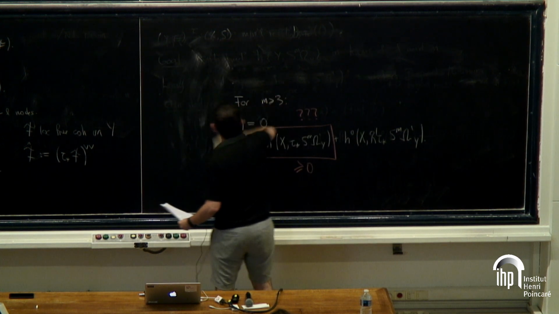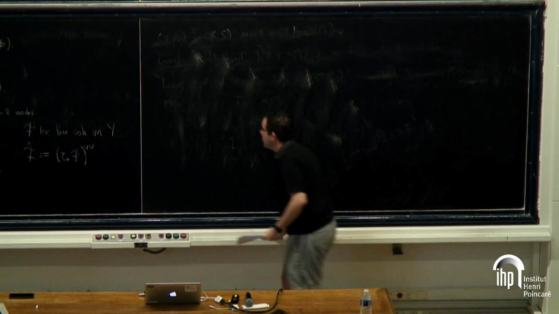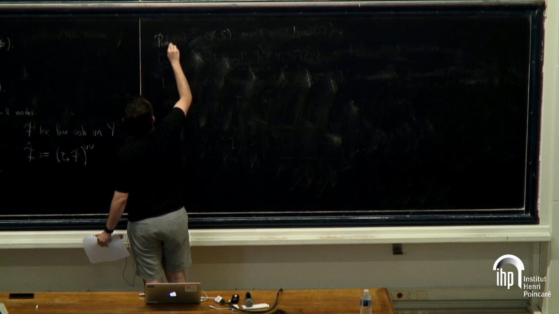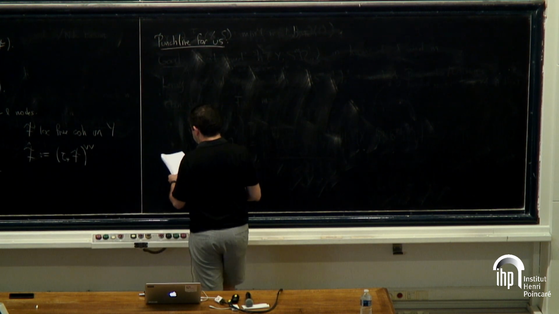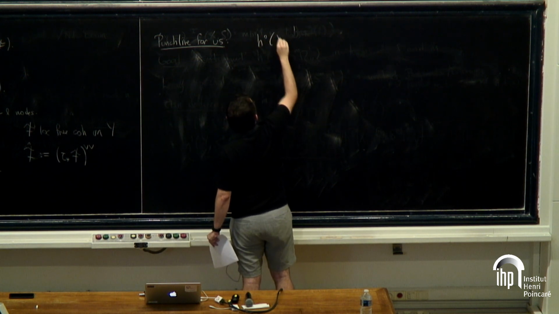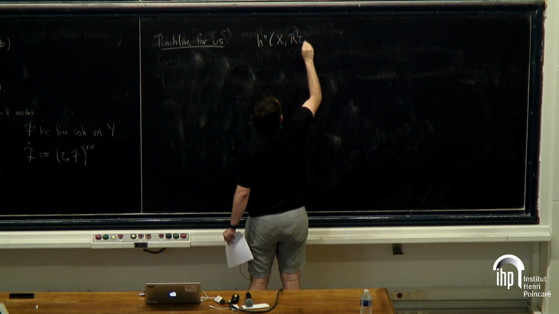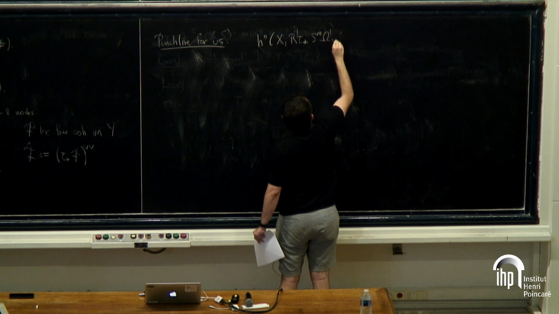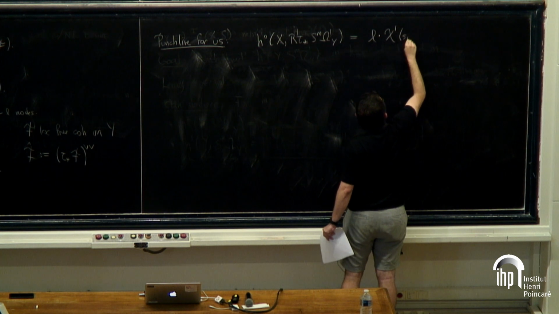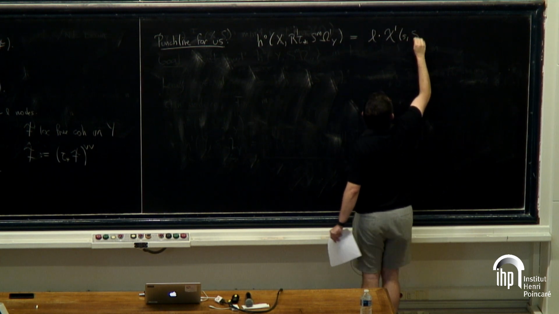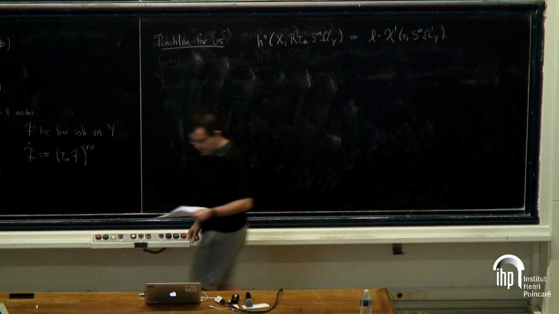Well, so the punchline for us is that this H0 that we were interested in, so this H0 of X, R1 tau lower star of Sm omega 1y, well, it's in fact equal to the number of nodes times the local Euler characteristic at any one of these nodes.